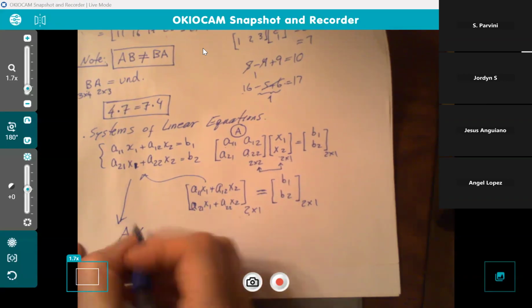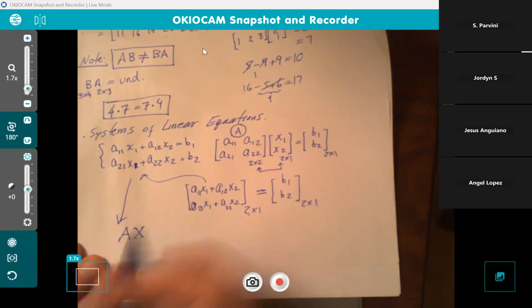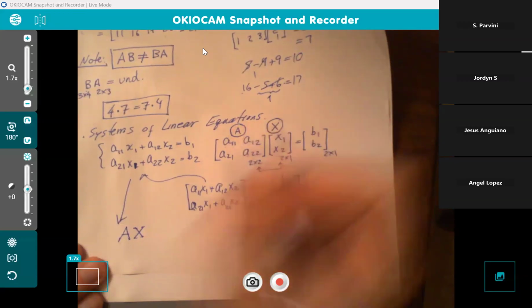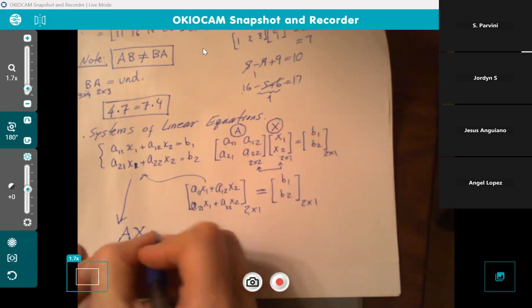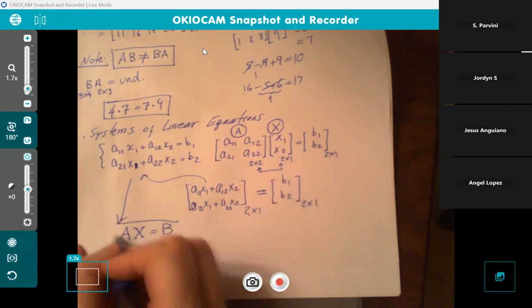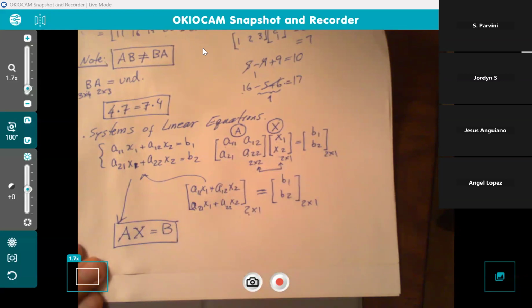Capital, remember capital letters means matrices. So matrix A multiplied by matrix X. This is matrix X. And that equals matrix B. This is the matrix form of the system. Everyone okay on that one?